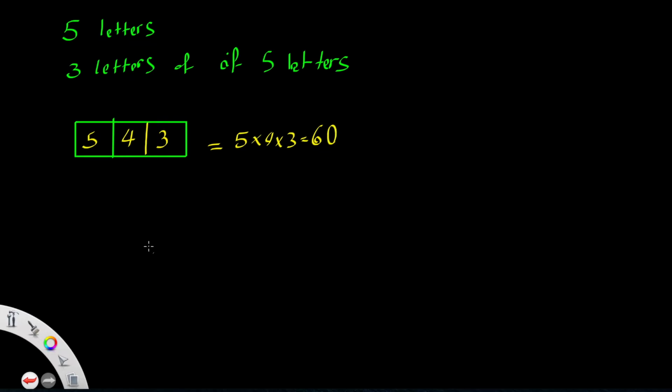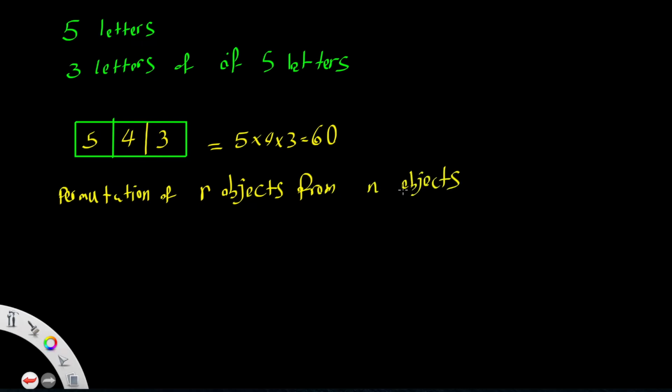Now, when you are going to have a permutation of R objects from N objects, it is denoted by NPR.